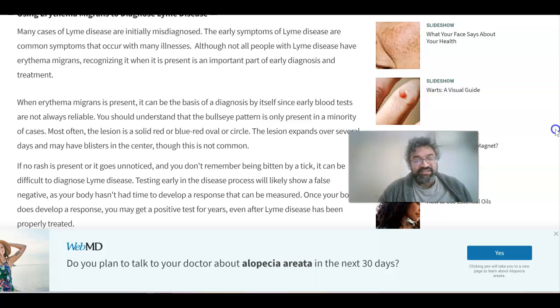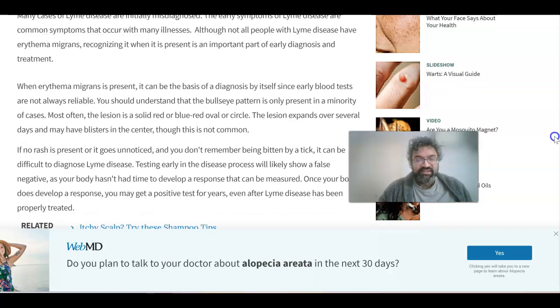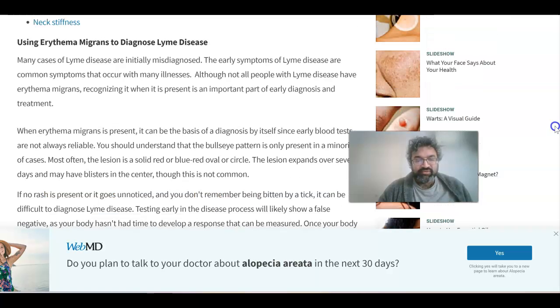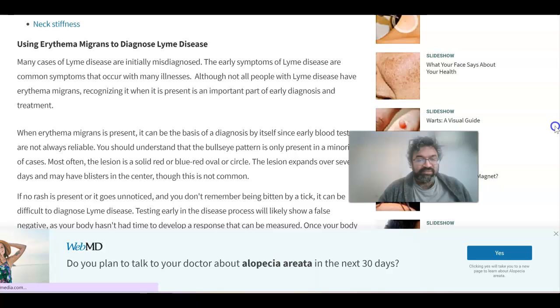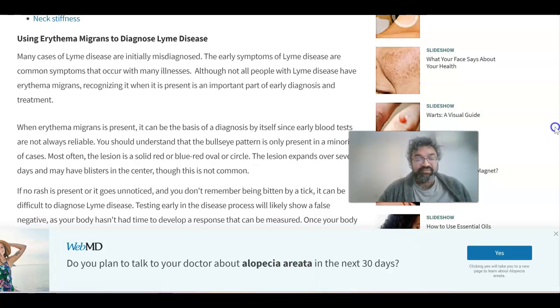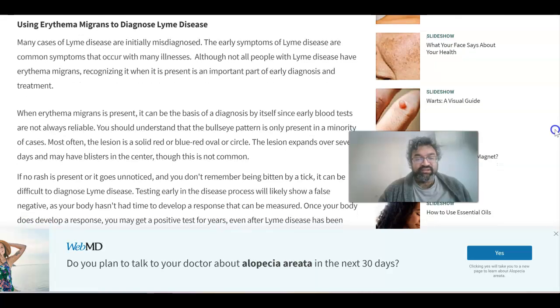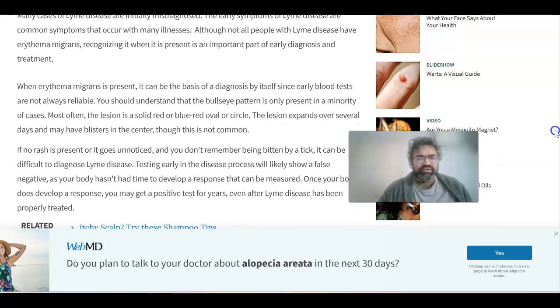That might be something you have from Lyme disease if you're lucky, because then you could be treated. But if you're not seeing anything, then that can be difficult to treat. The lesion expands over several days and may have blisters in the center. That's not common either. You could have a blue-red oval or circle.